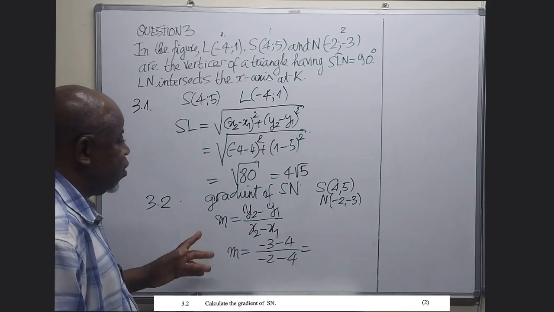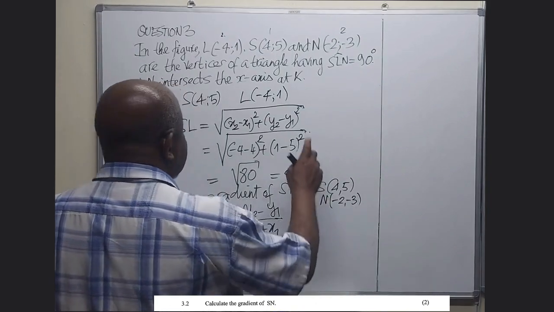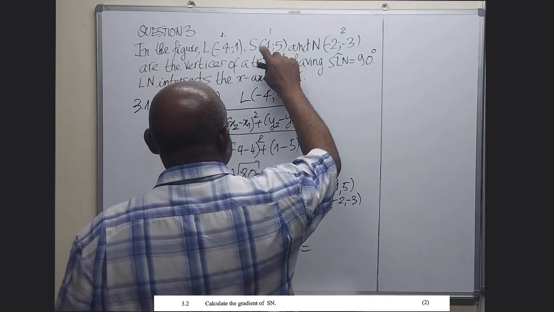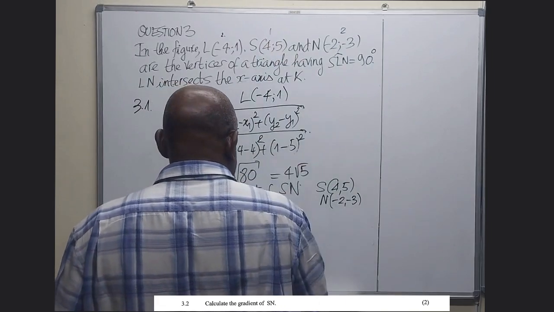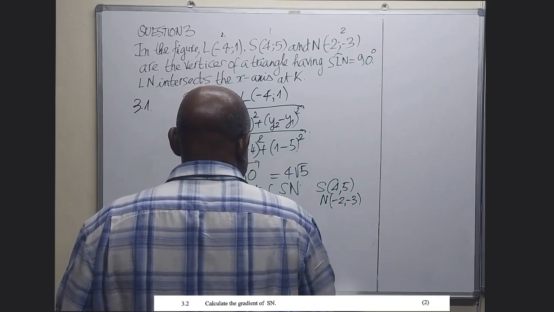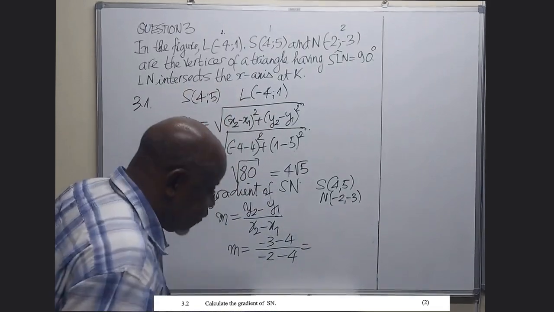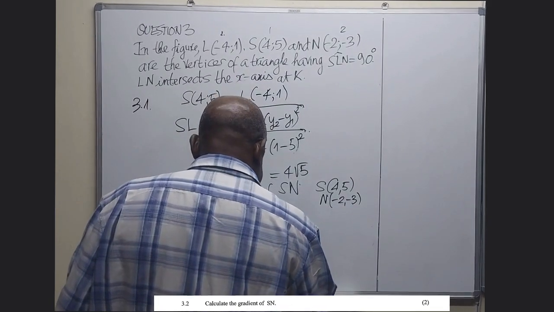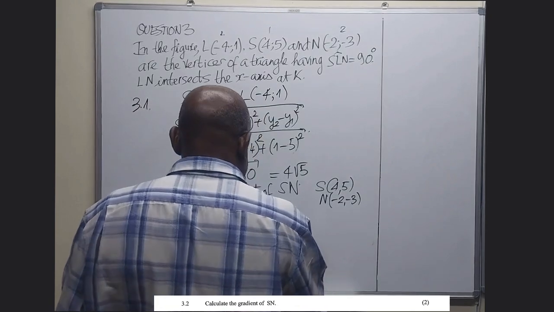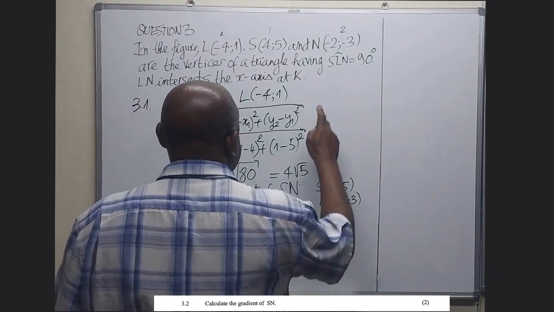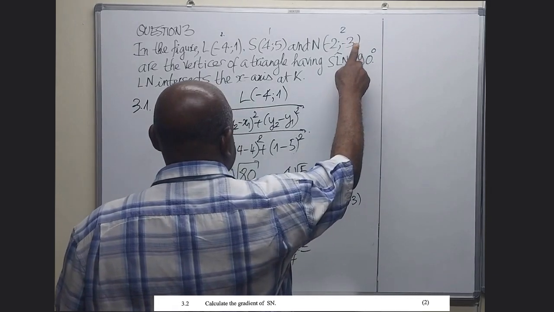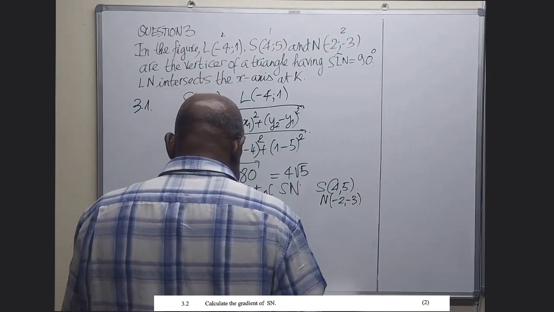Let me say SN. The coordinate of S is (4, 5). So y2 minus y1, y1 is not 4, it is 5 here. Y2 is -3 minus y1, 5, and x2 is -2 minus x1, 4.